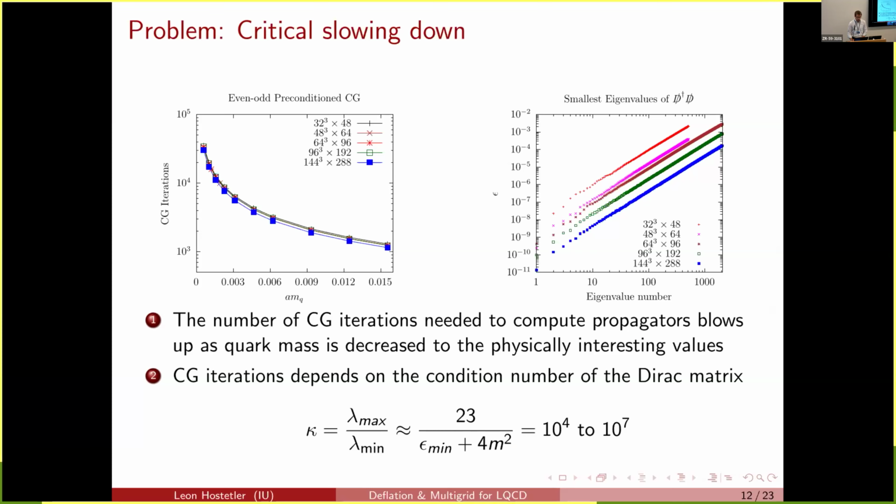So it really blows up as we decrease the quark mass towards the physically interesting part, which is towards zero quark mass. And since the condition number depends on the eigenvalue and the eigenvalue depends on the quark mass, as we decrease that quark mass, the smallest eigenvalue gets very small, and so we get this explosion in the condition number of the system.